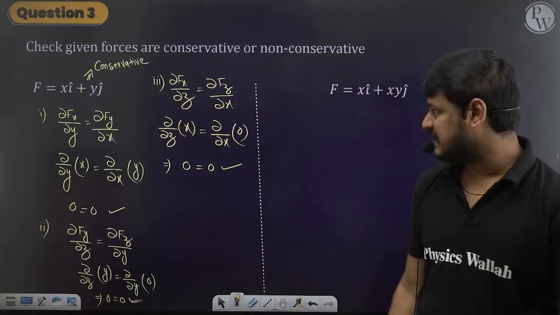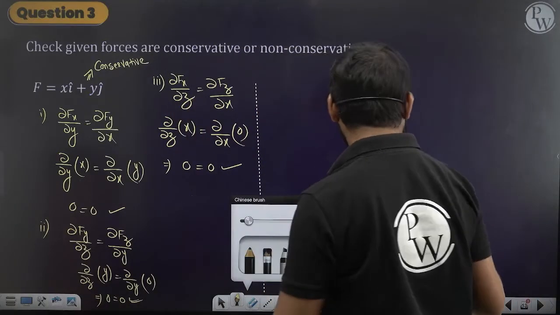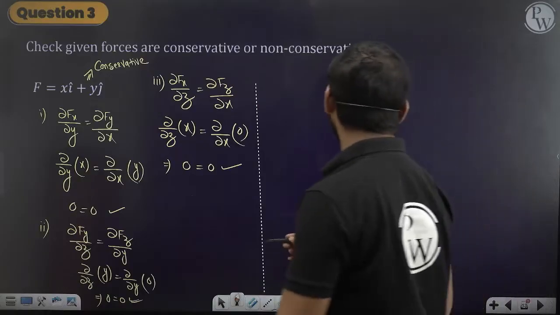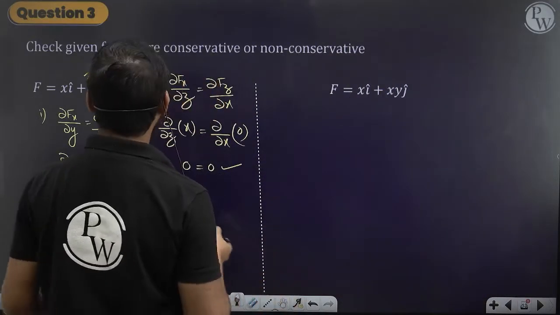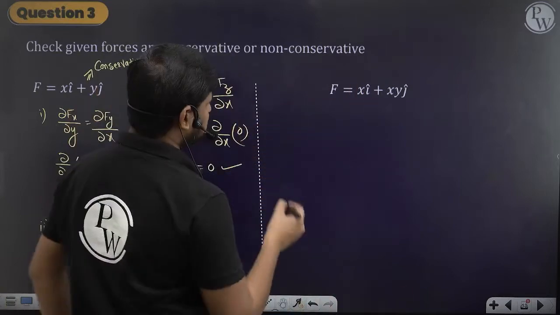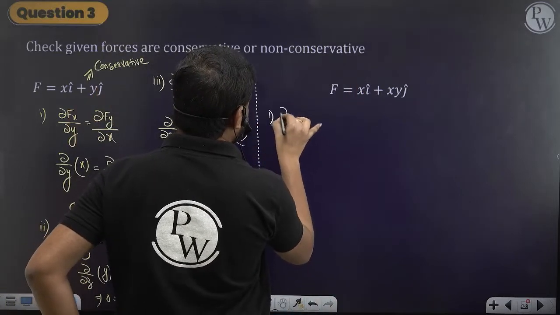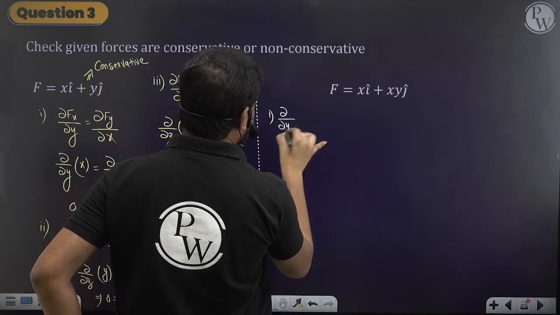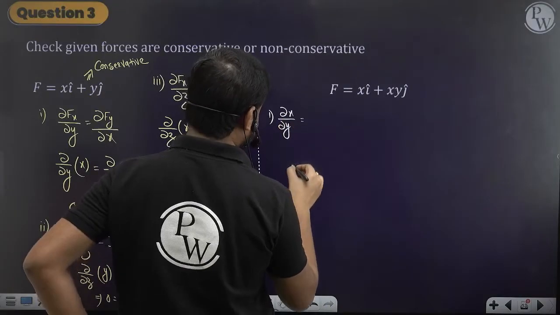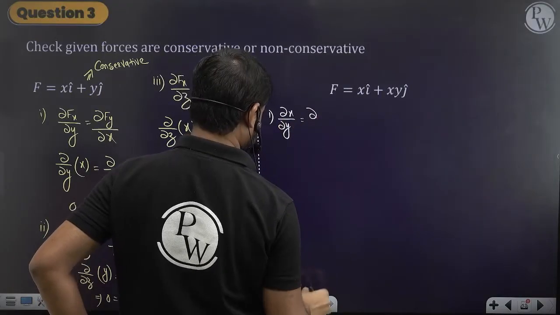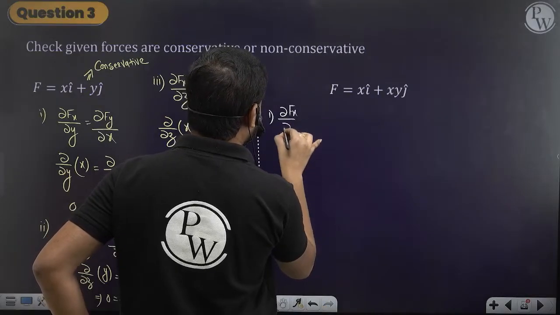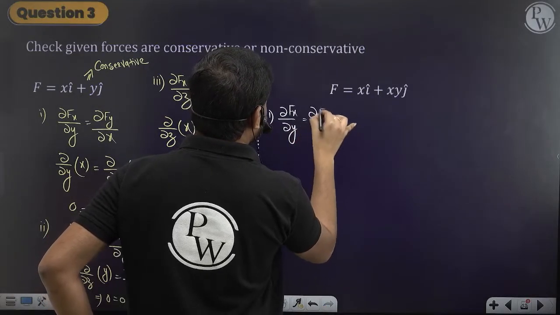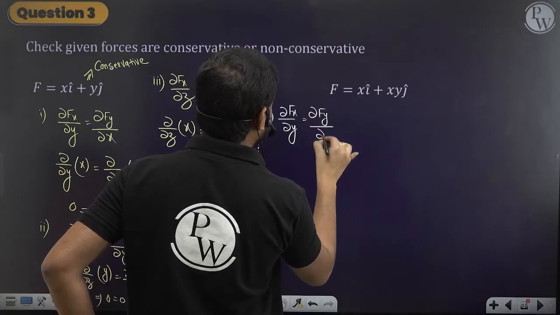Okay, understanding, guys? Chalo. You can do the same for this one also: x i cap plus xy j cap. These two are not the same. See here. First let me check ∂Fx/∂y equals ∂Fy/∂x, right?